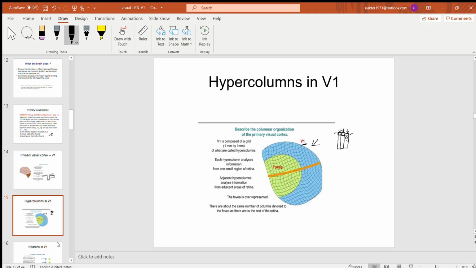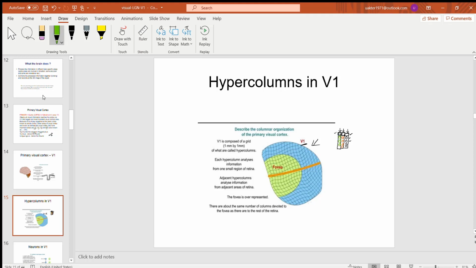These neurons respond to one type of stimulus. All neurons within each column have similar properties. That is the property of the hypercolumn.